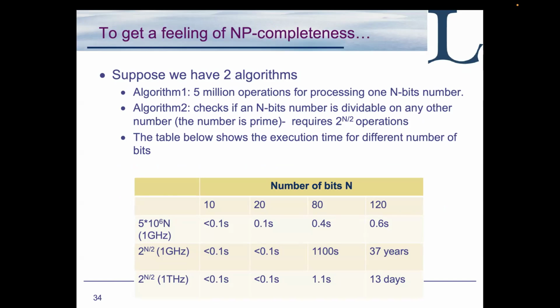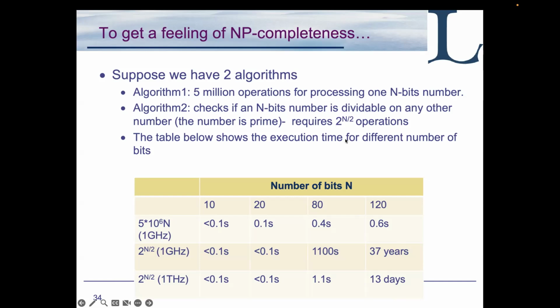Algorithm 2 checks if an n-bit number is divisible by any other number, so checking if the number is prime, and it requires 2 to the power of n/2 operations. Here is the linear complexity, here is the exponential complexity.